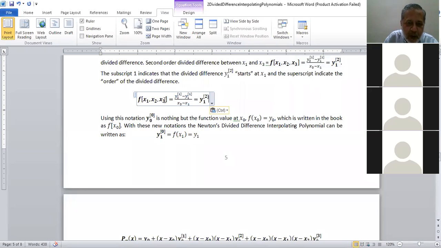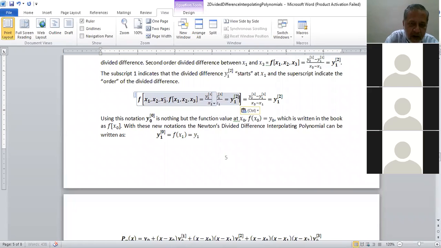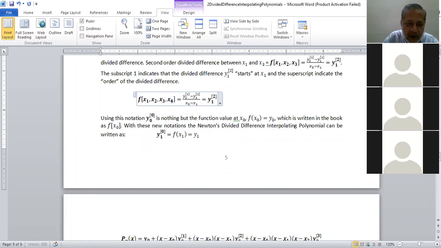You will have one more point, but this next point introduced will be x4. The divided differences here will now be second order.